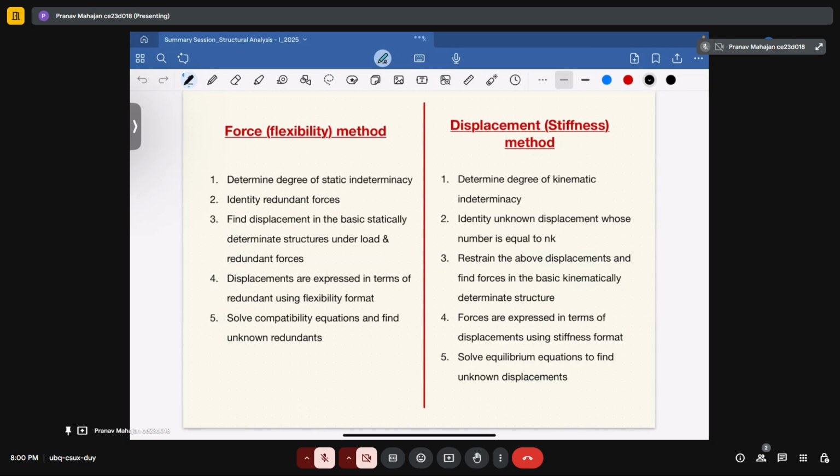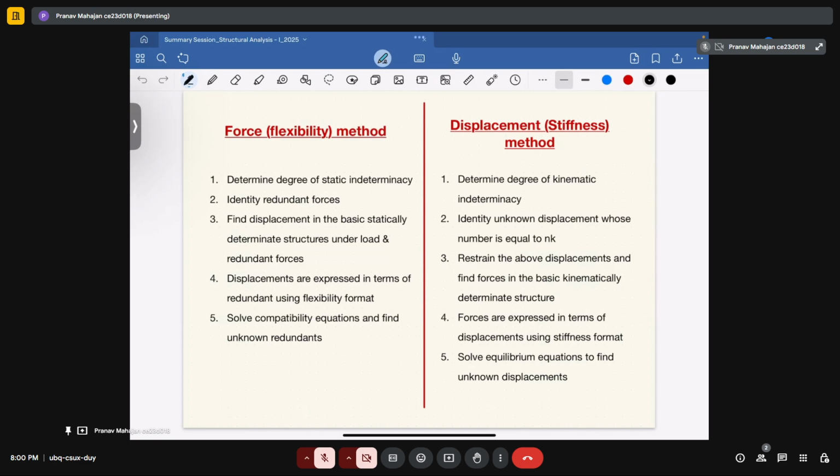First, you determine under the basic load, and then you will again determine under the redundant forces. Then express the displacement in terms of the redundants using flexibility format. And finally, you will solve the compatibility equation and find the unknown redundants. Okay. Then you will see how the unknowns can be determined.